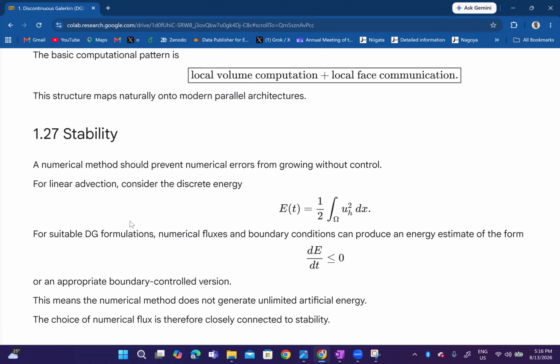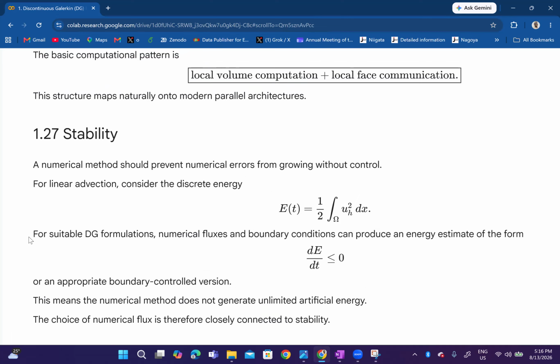Then, talking about stability. A numerical method should prevent numerical errors from growing without control. That is the idea of stability. For linear advection, consider the discrete energy E(t), which is 1/2 the integral over the domain of u_h squared dx.